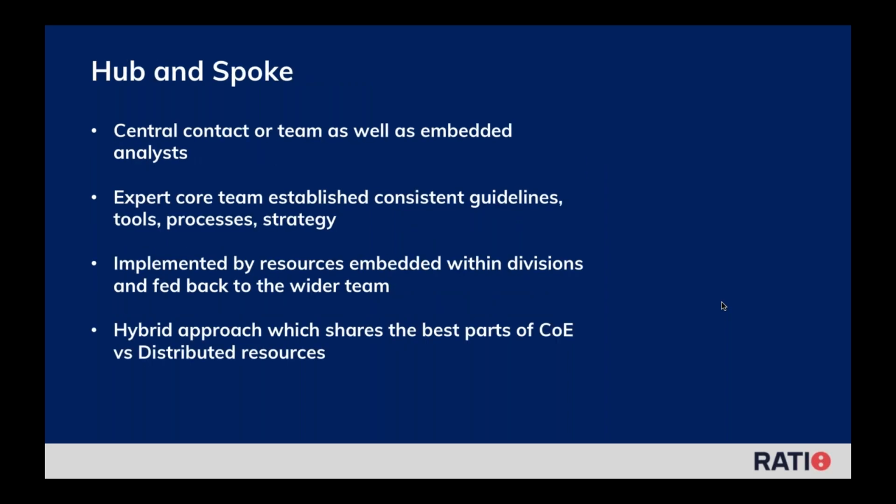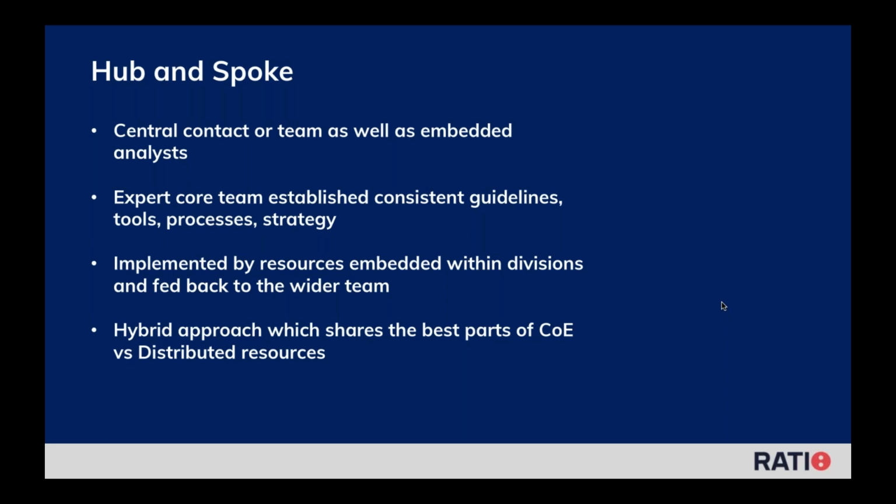So kind of the middle ground between those two models that a lot of organizations look to adopt is a hub and spoke model. That is where there is still a central contact or team that are really driving optimization forward from the point of view of what does best practice look like, what are the guidelines that we should put around this, what tools are we using and why.